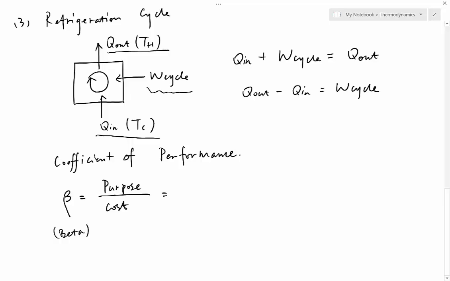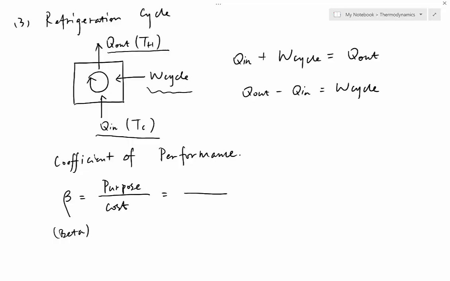Okay, so let's do this definition. Beta, purpose over cost. What is the purpose of a refrigeration cycle? Or in other words, what is the purpose of your refrigerator? It is to keep the inside cool, right? So out of the three parameters, Q out, W cycle, and Q in, which one is the direct reason that can keep your refrigerator cool?